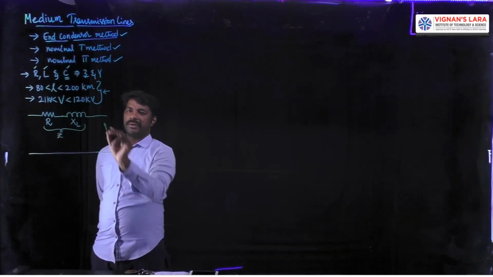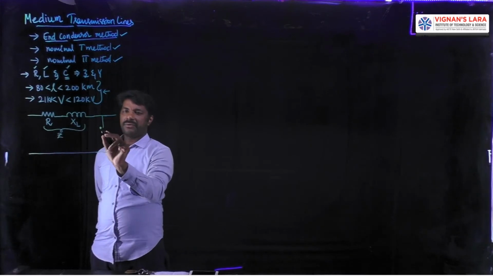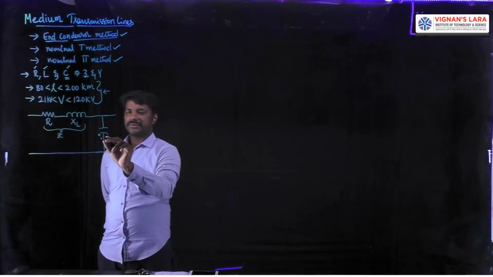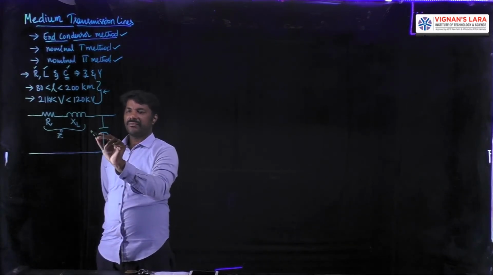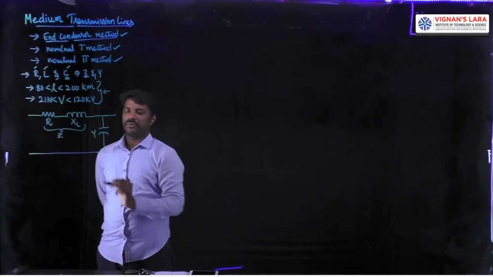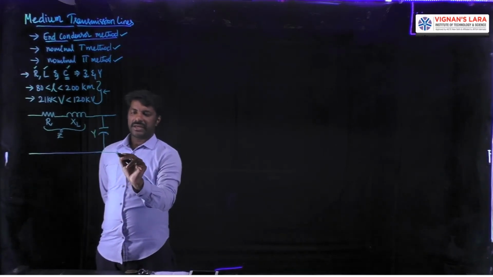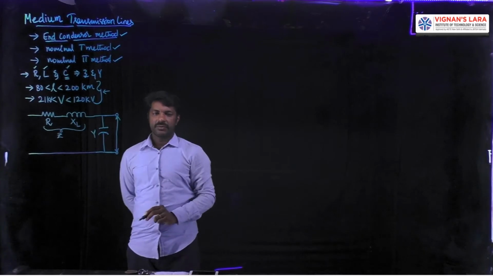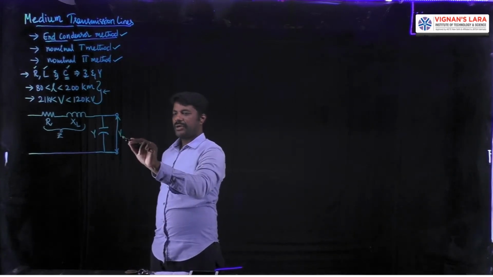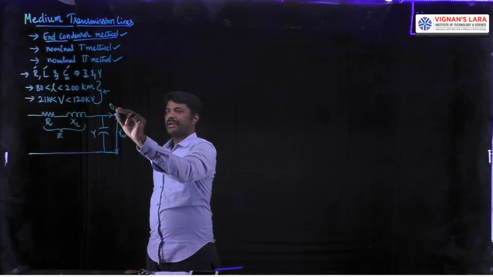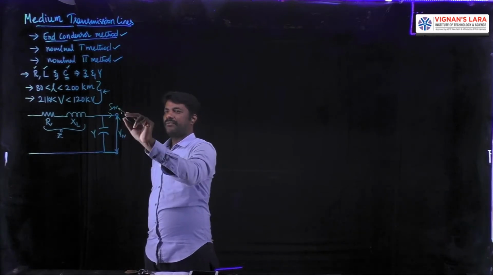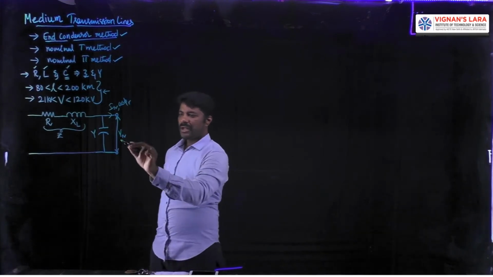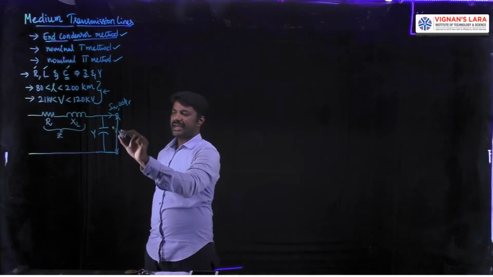Thereby, the medium transmission line will have the lumped or concentrated capacitance at the receiving end side like this. If you observe, this is Y, which is formed with BC alone. The terminals here on this side are called receiving end terminals, and the quantities are the receiving end voltage VR, delivering a current of IR at a power factor of cos phi R. The same receiving end voltage is applied across the entire capacitance.